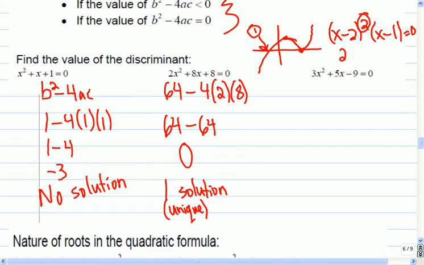If you were to expand the whole thing out, there'd be x minus 2, x minus 2, x minus 1. So it gets counted twice. That's why they say one unique solution, because technically there are 2 solutions, they just happen to be the same number. Okay, so don't let the textbook confuse you there.